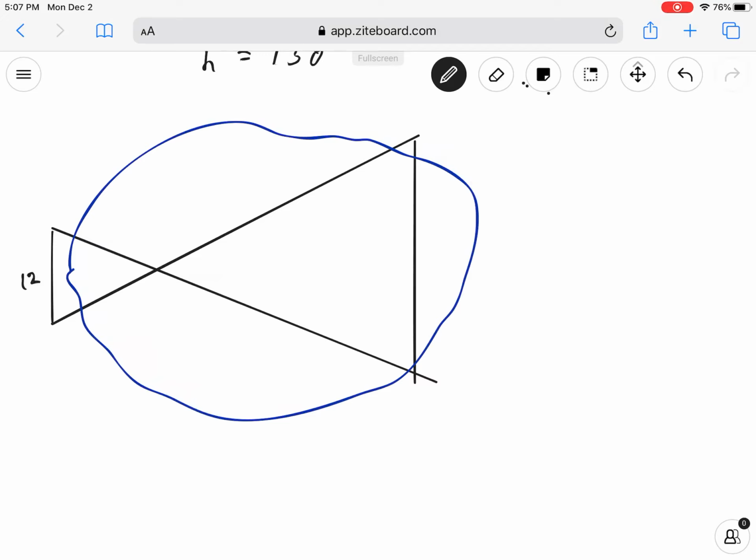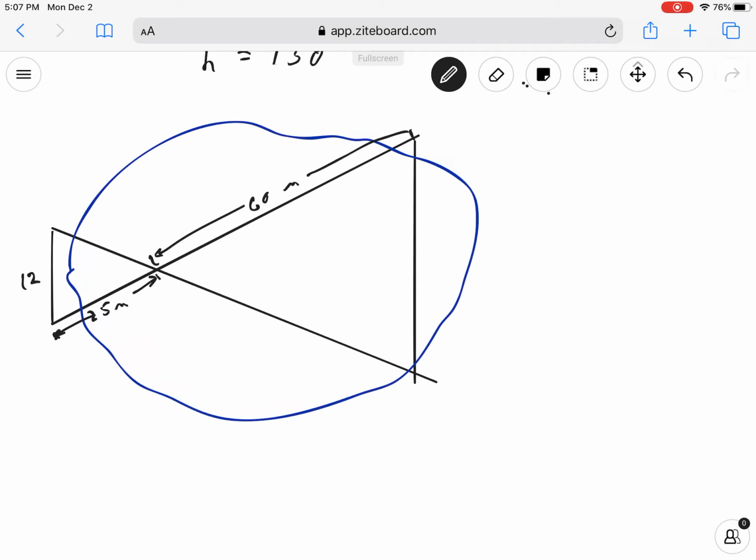And I also know that this side here of this triangle, from there to that point, is 25 meters. Okay? And then this long distance here is 60 meters.